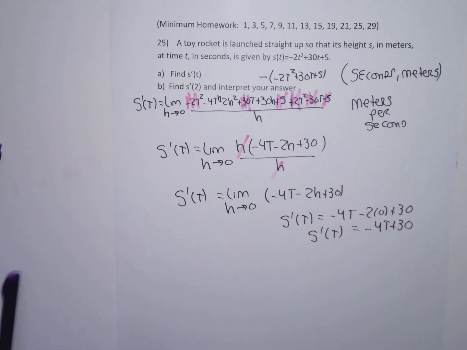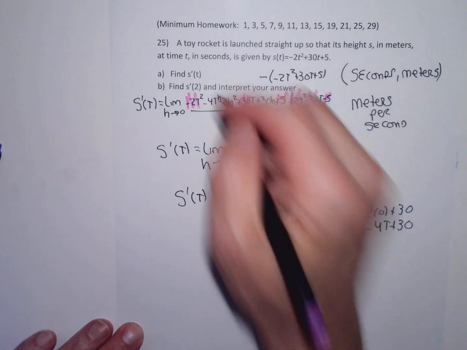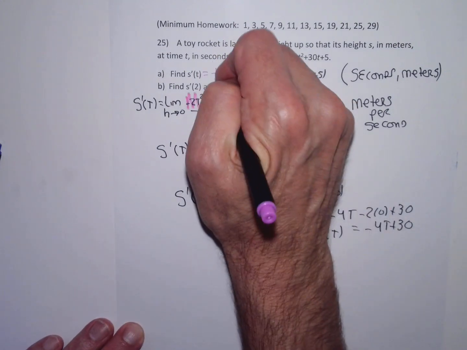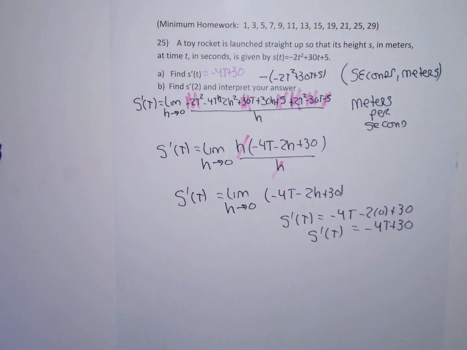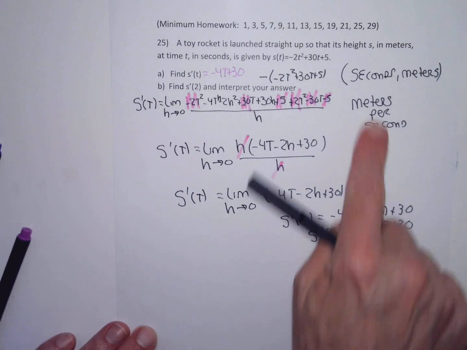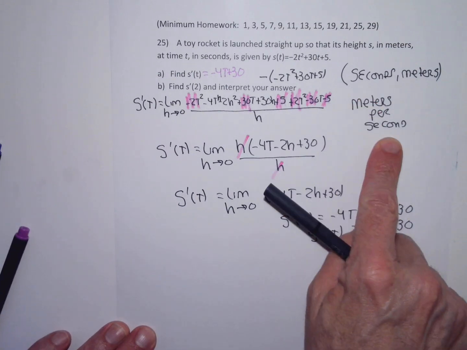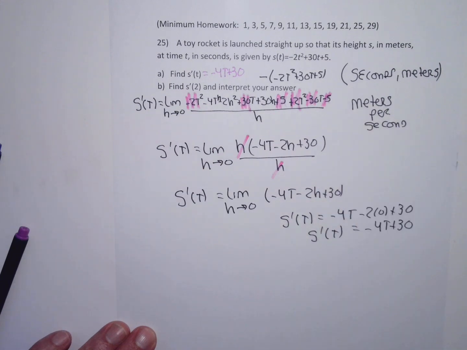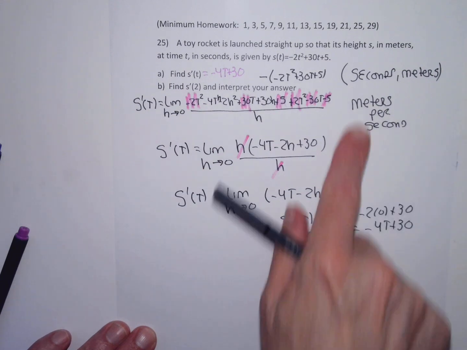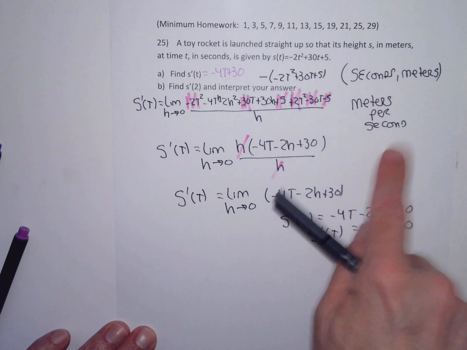So for 25, the derivative in part A is just negative 4t plus 30. For part B, it wants me to plug 2 into the derivative, and it's going to give me the velocity in meters per second. When we have a position function, a function that gives you the height versus time, the derivative gives you its speed in the y units per the x units.